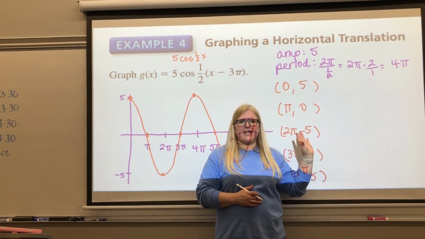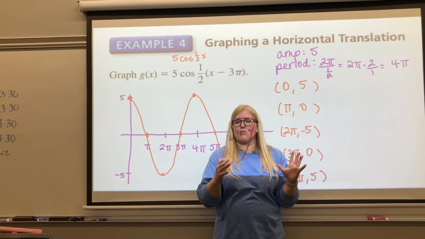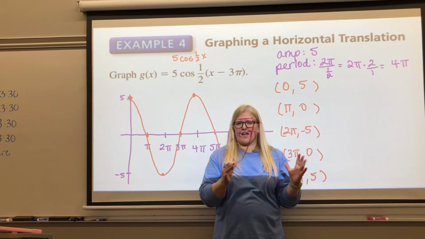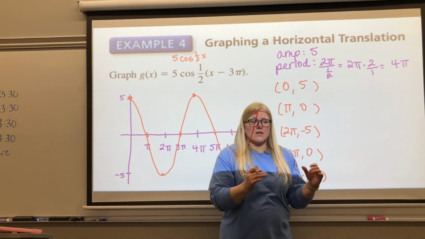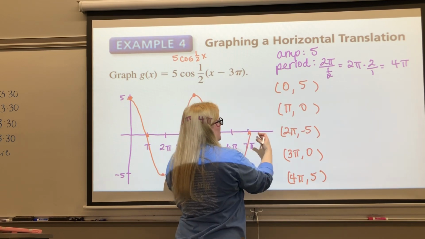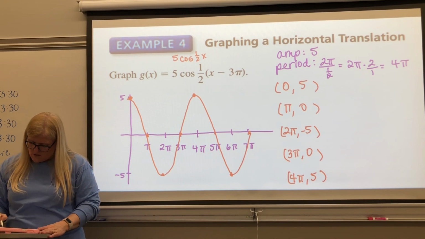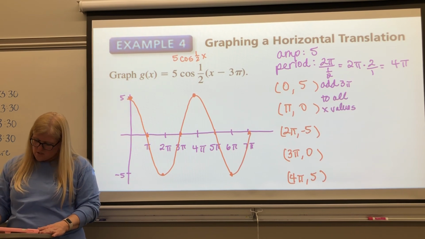What am I adding to what? So this time it's a horizontal shift, and which values does that affect? Which coordinate? It's the x, right? So I am adding 3 pi to all of my x values.